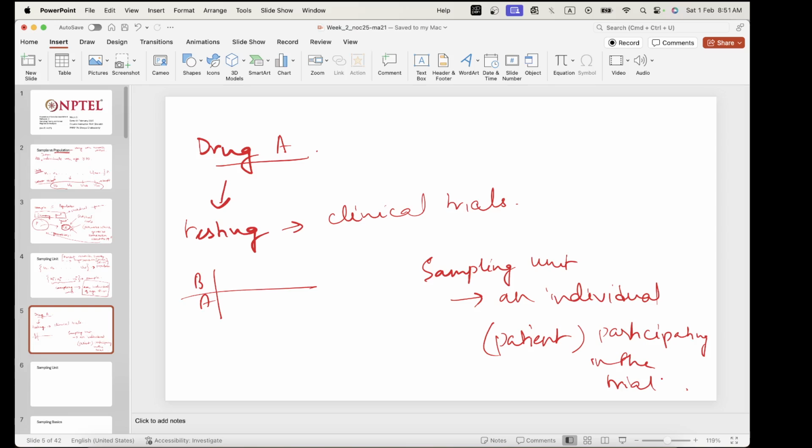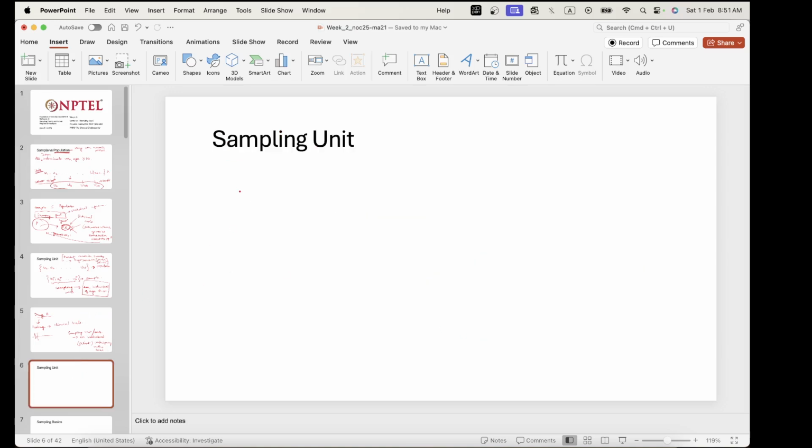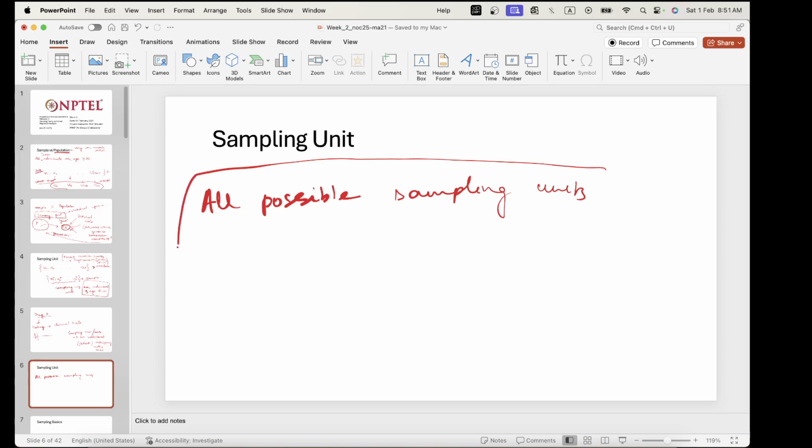So that is actually my sampling unit, or in other words, you can say units as well. So if I take all possible sampling units, then that set is actually my population.